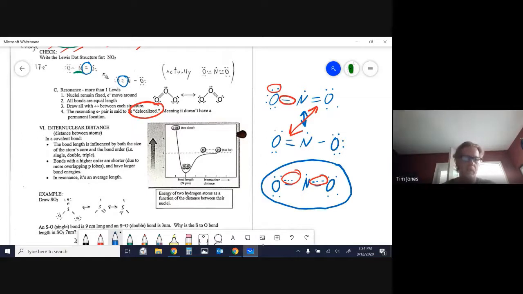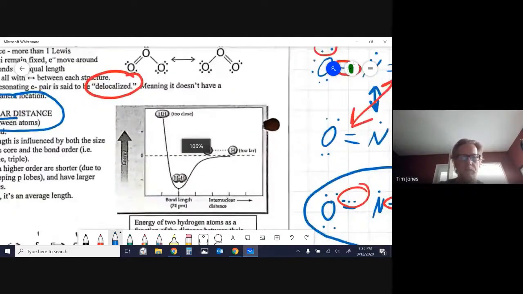Next topic, internuclear distance. Sounds kind of scary. So inter, between, nuclear, the nucleus. In other words, what is the distance between the atoms? Well, the best way to look at this is by looking at this diagram that I have here.